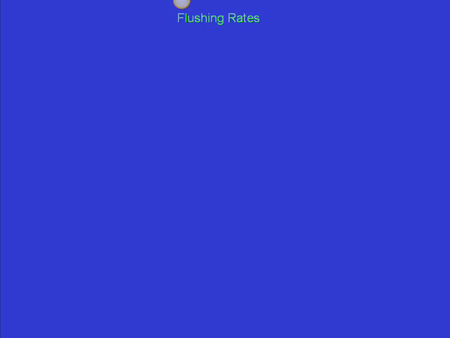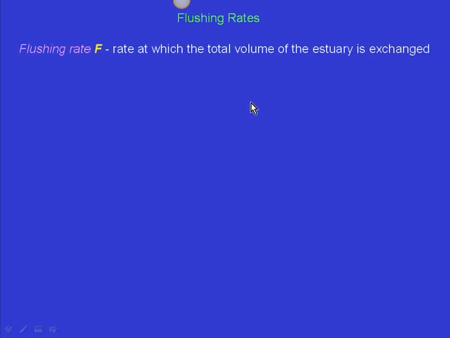So the flushing rate is really the inverse of the flushing time, simply the inverse. So the flushing rate is the rate at which the total volume of the estuary is exchanged. So a system that has a short residence time has a high flushing rate. Very good. Means that you're paying attention, means that you're awake.